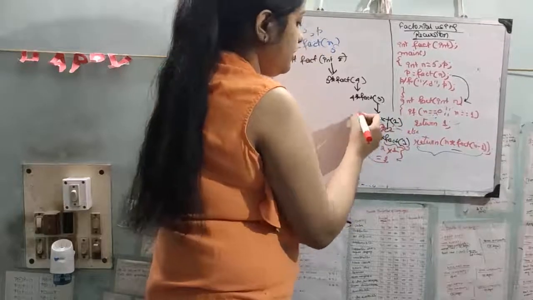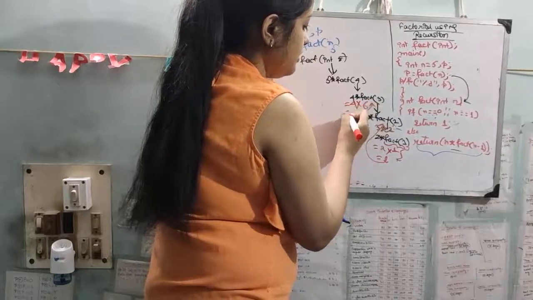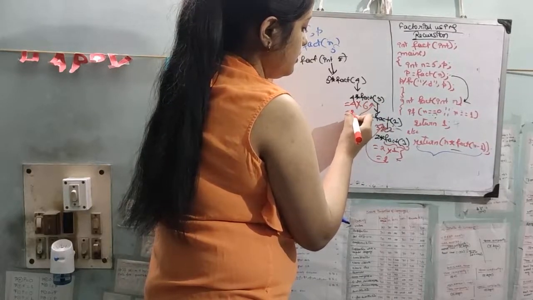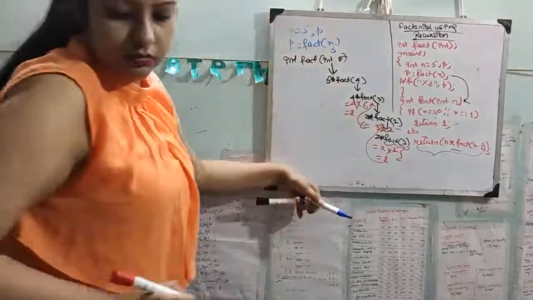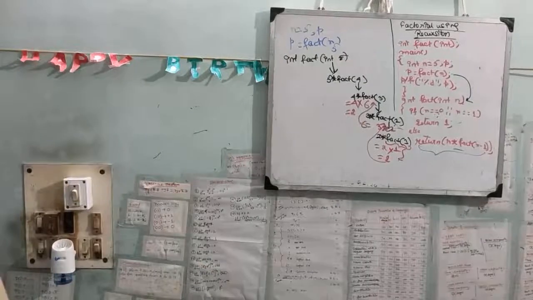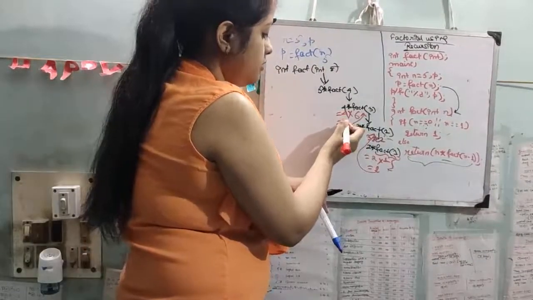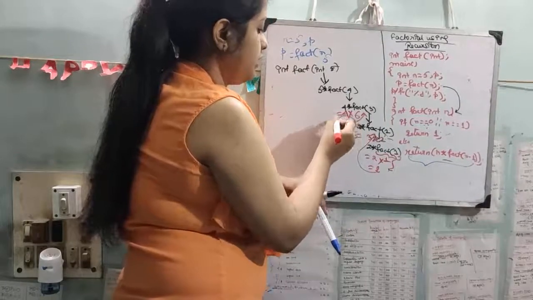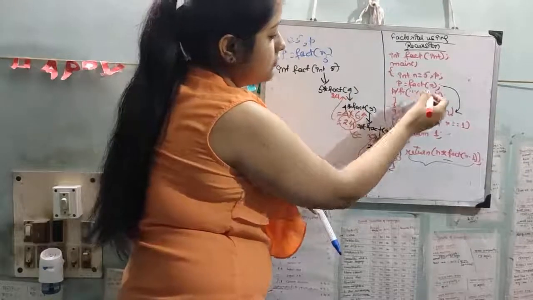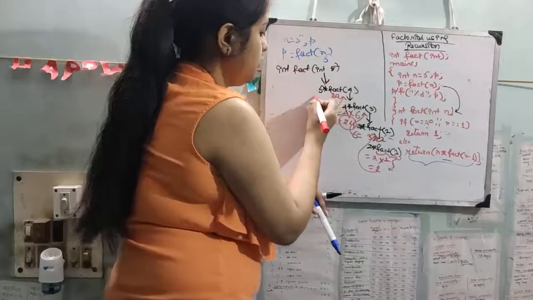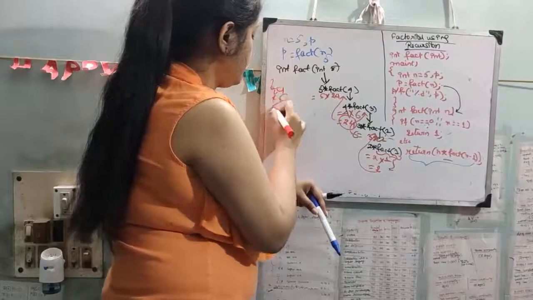It's 6. 6 is coming here, 4 into 6, that is 24. 24 again is going here, because after this we will have 5 into 24. 24 into 5, 5 fours are 20, 5 twos are 10, 120.